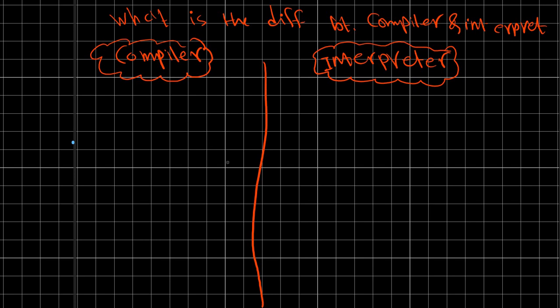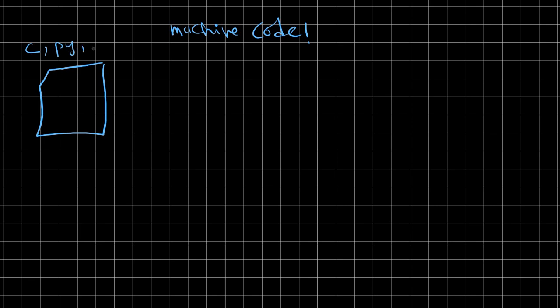I want you at first to know something called machine code. In programming, you write a program here, maybe in C, Python, or maybe in Shell or Bash. So let's say that this is a C file.